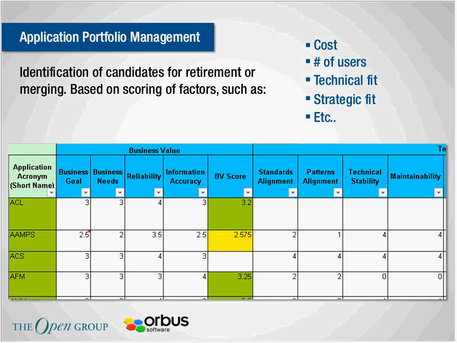Then strategic fit: does the software do something that we see as part of our core business? Is it actually supporting our business functions, or is it something that's crept in?